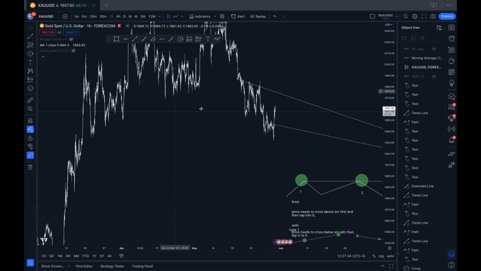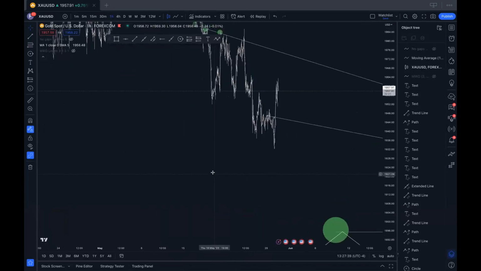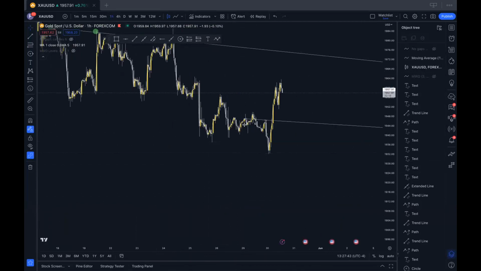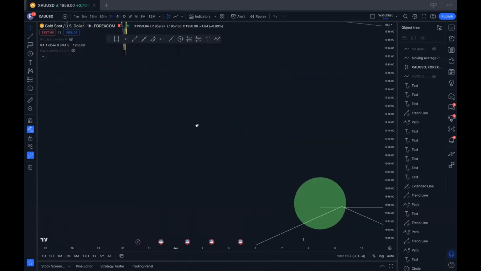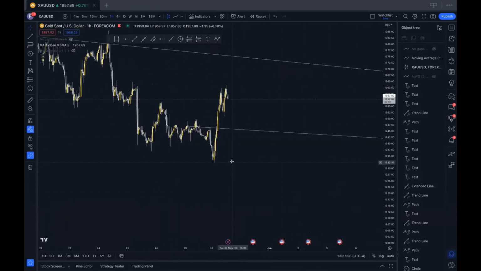Well, I literally caught this trade minute by minute on live chat with you guys. I was giving you updates of this trade, gave you screenshots and everything. So this stuff is super powerful. If you catch 1 or 2 of these trades a week, you're golden.